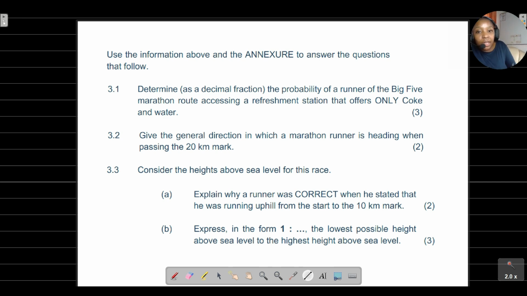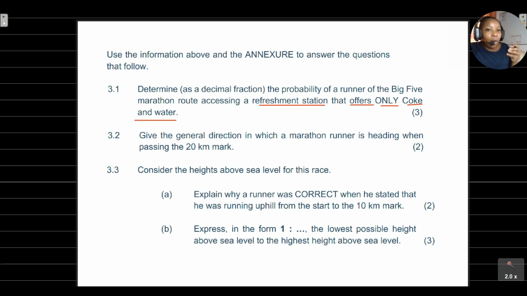So in this case, the question is asking us to determine the probability of a runner of the Big Five Marathon route accessing a refreshment station that only offers Coke and water.